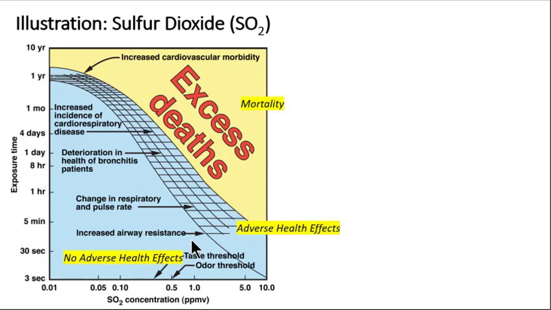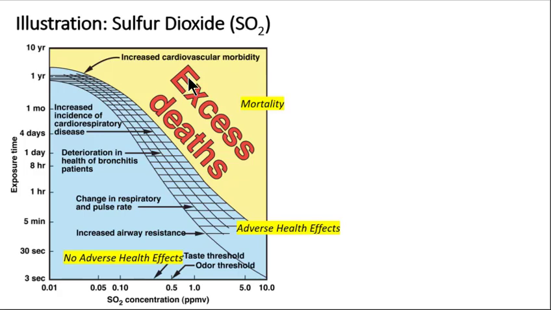A 1-hour exposure, for example, would lead to a risk of increasing incidence across the population of breathing problems and increased pulse rate. If the average exposure of 1 part per million increased to 1 month to a year, then excess mortality among the population may be expected.